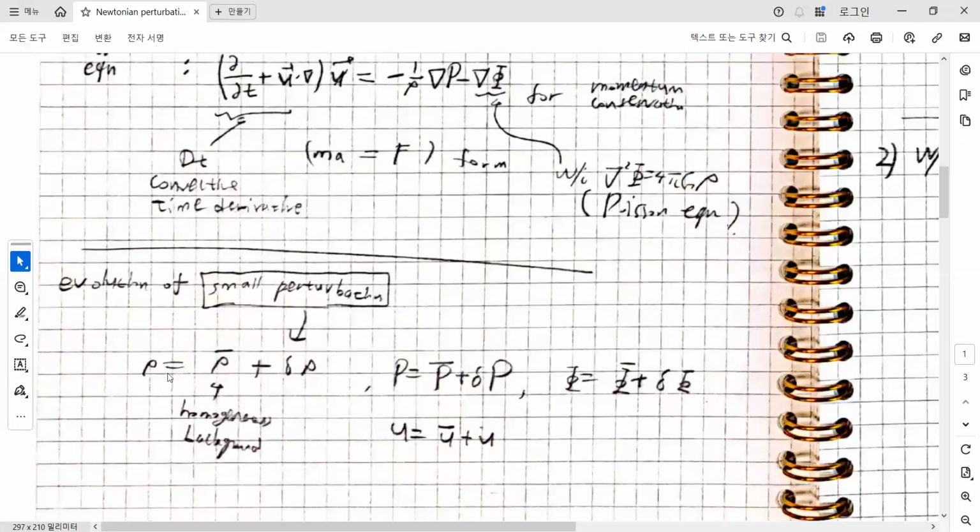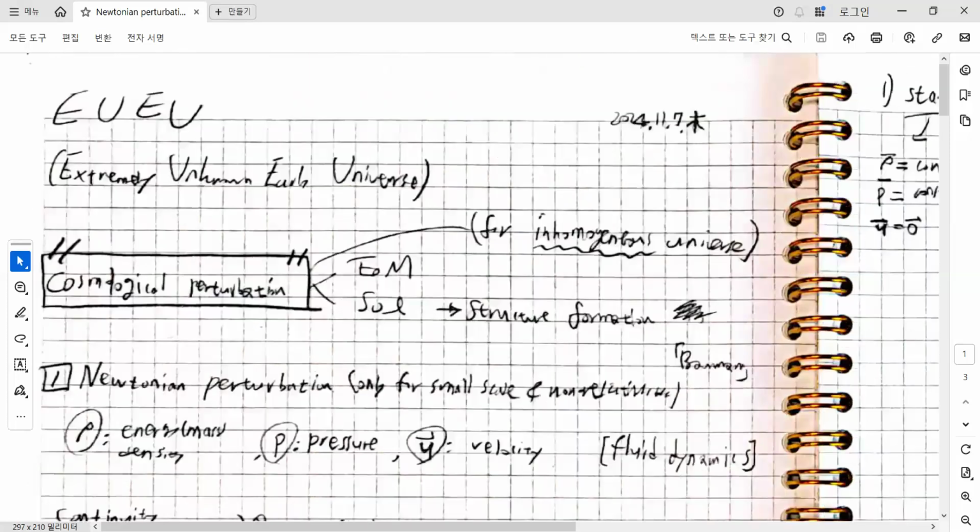The energy density can be decomposed into the homogeneous background, rho bar, plus the small perturbation, delta rho. Similarly, the pressure P can be decomposed into a homogeneous part and a perturbation part, also for the velocity and for the gravitational potential. There are several cases.